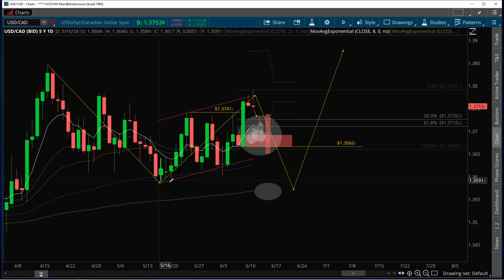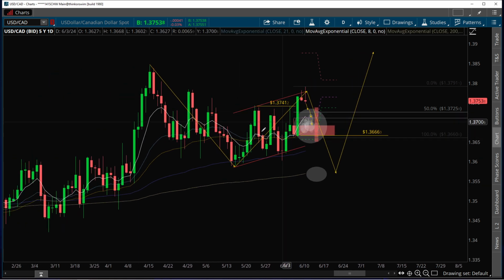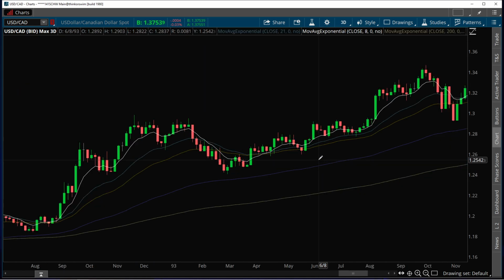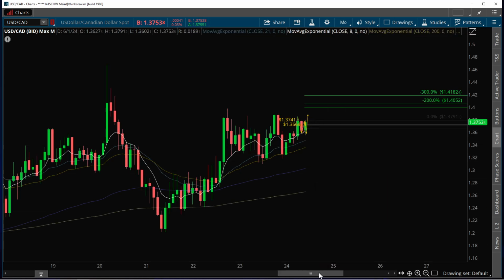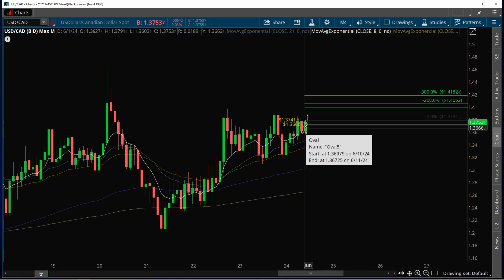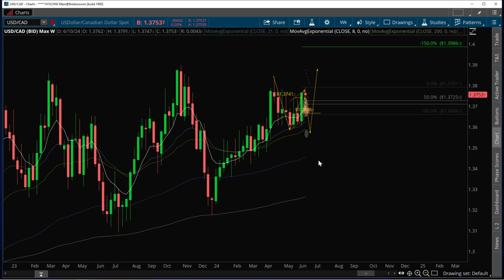And I like dollar CAD the best because dollar CAD has bullish trends all the way from the monthly, right? You step out to the monthly and you're bullish all the way. You're above the 8. We could be in a daily impulse. We got to move up to these highs, right? Monthly, you're bullish.